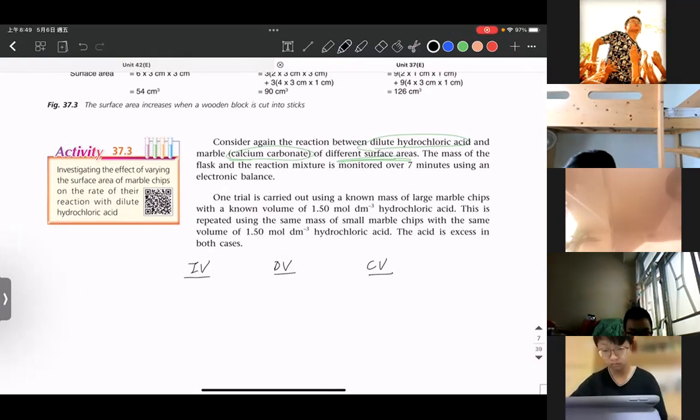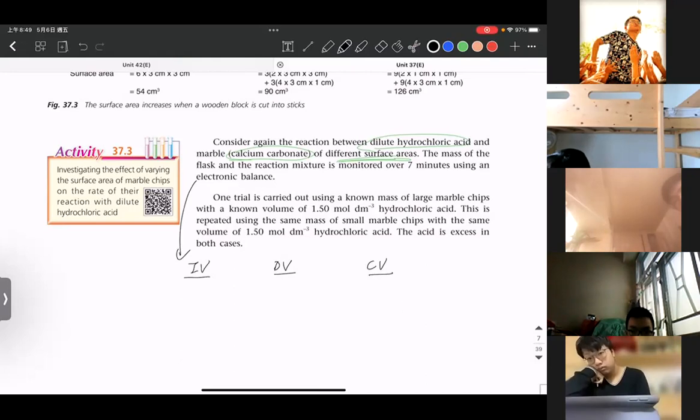Mahim, what is the independent variable in this investigation? Hello, Mahim. Yes. What is meant by independent variable? The variable to be changed. Yeah, or change. Yes.